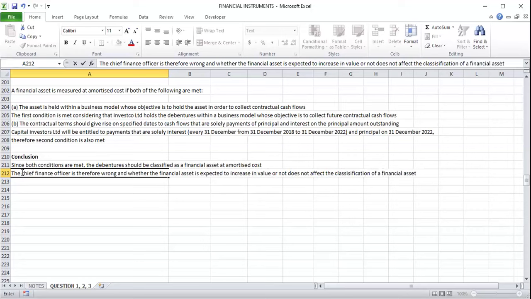So there are two things: the business model and the contractual characteristics. Those are the two things that influence the classification. All right. Any questions there?